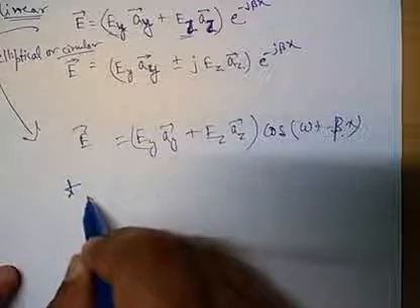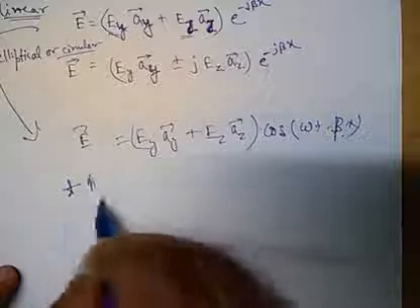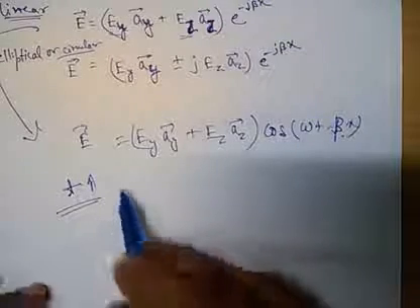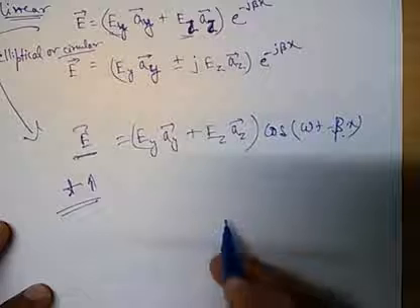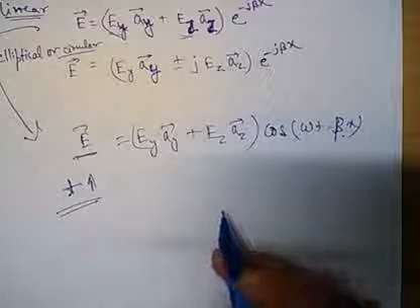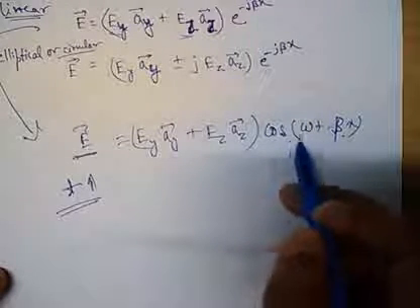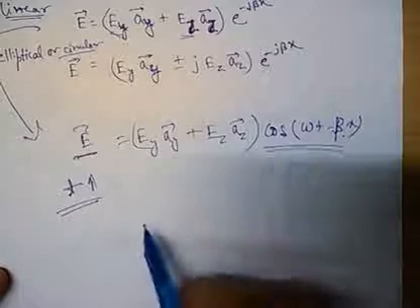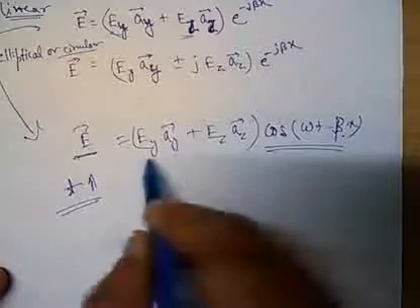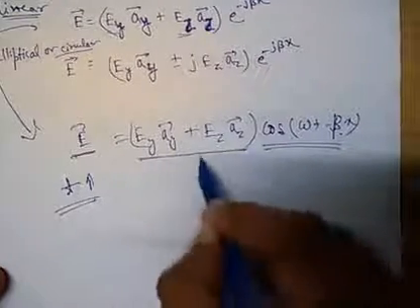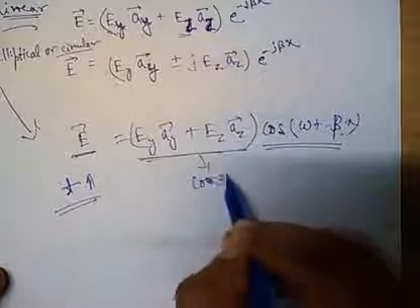When I change time from 0 to some value, time is increased. So with increasing time, the value of the electric field will change according to this cosine term, but the direction of the electric field will be constant, as this part is always constant independent of time.